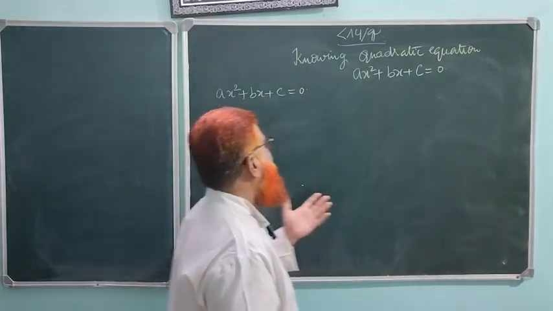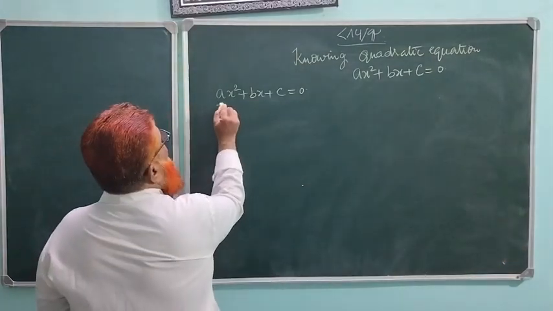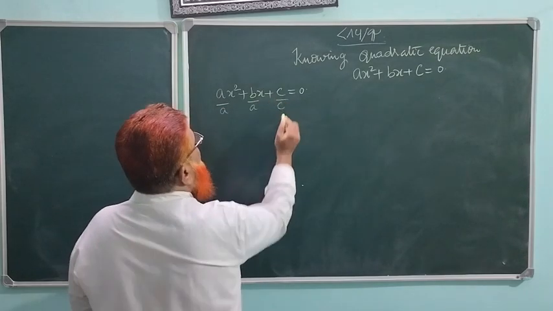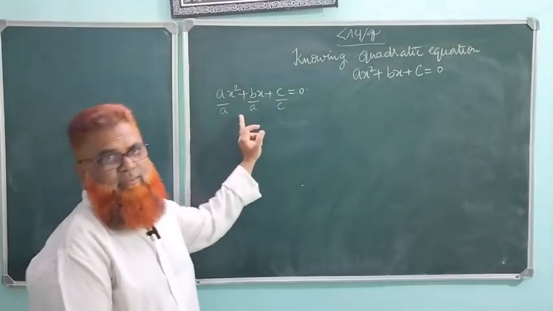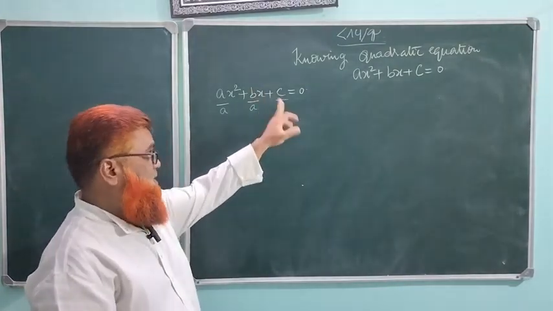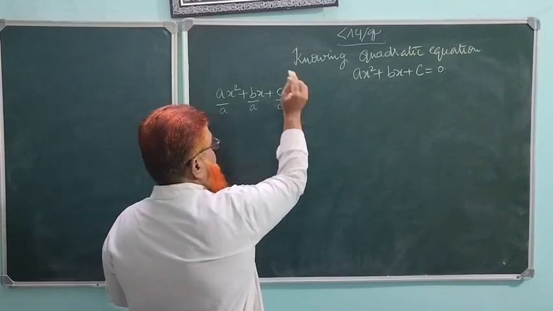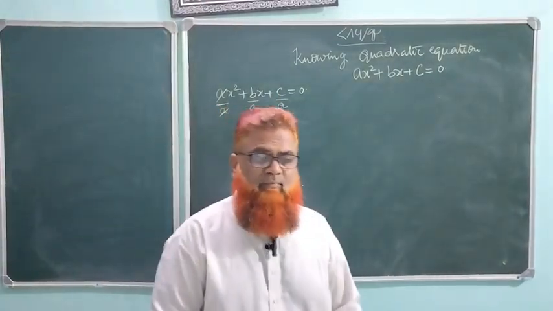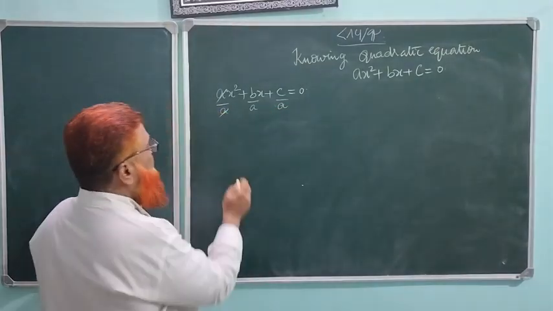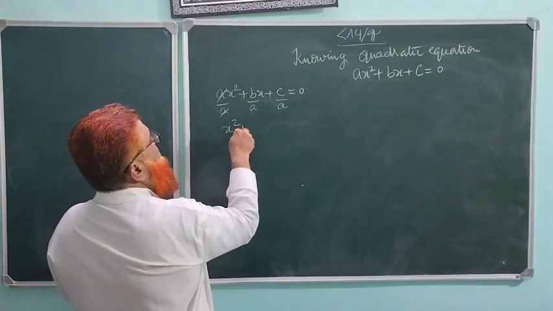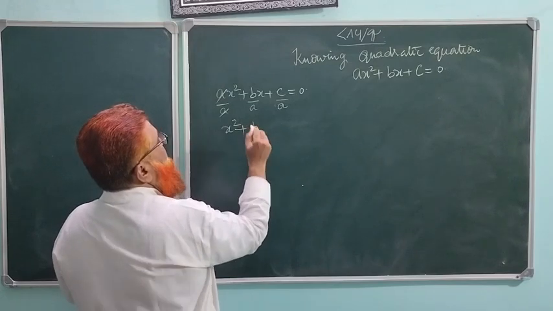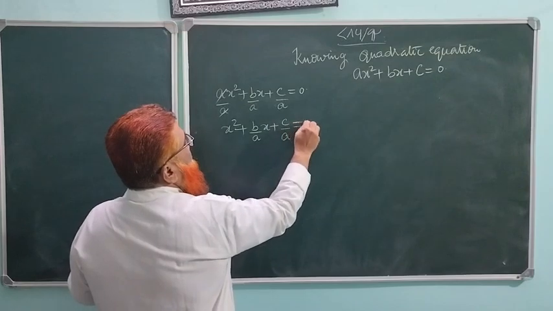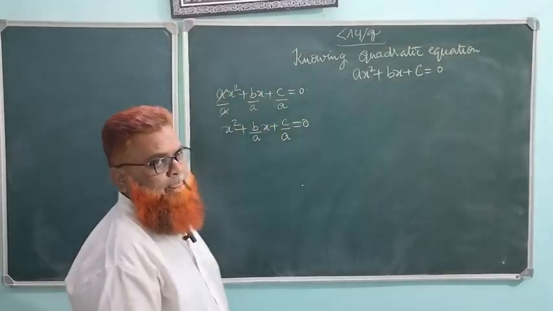Now divide the whole equation by the coefficient of x square, that is a. A is divided by a, b is divided by a, c is divided by a. Now the a cancels because it is common. The new form of the equation is x square plus b by a into x plus c by a equal to 0.